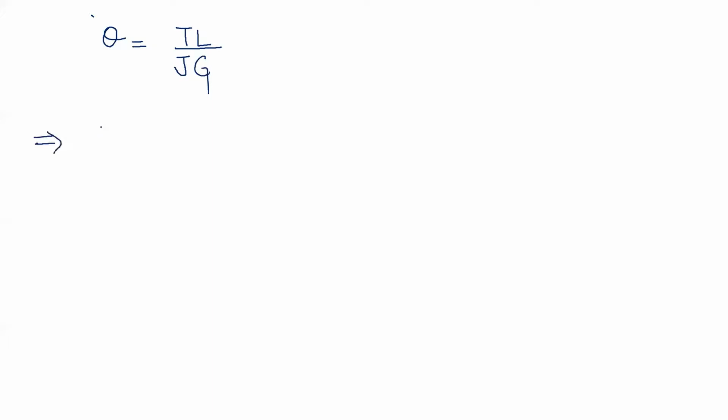So first we have to find out J. J is equal to pi d to the power 4 divided by 32. I have already told you that is the polar moment of inertia.